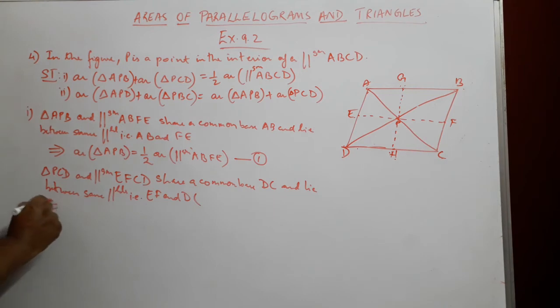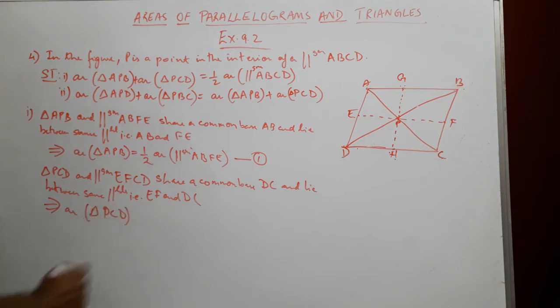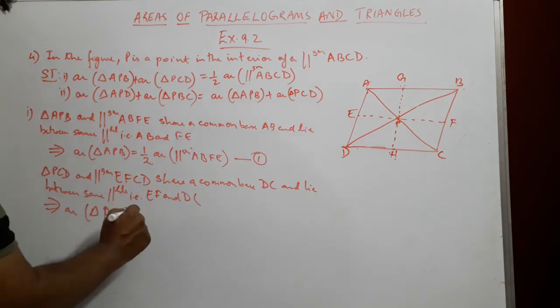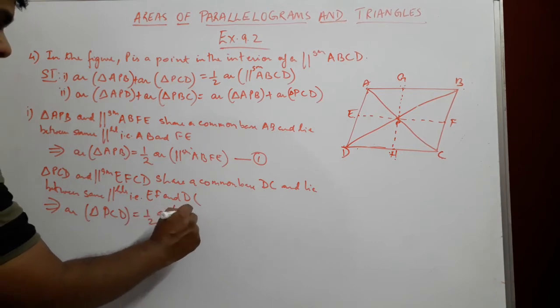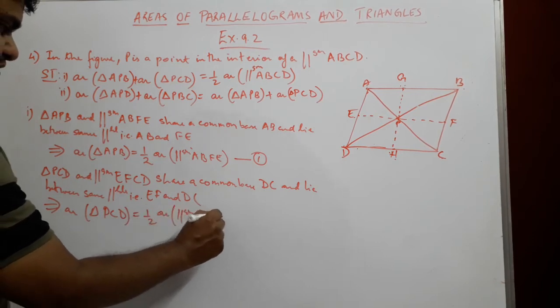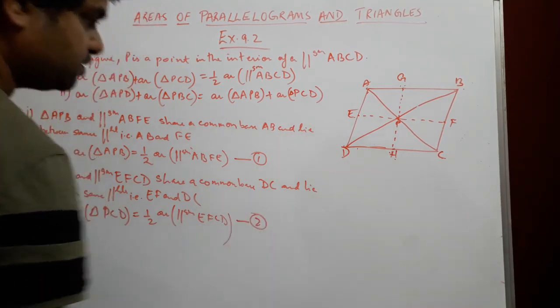So this implies that area of triangle PCD is equal to half area of parallelogram EFCD, and we mark this as 2.